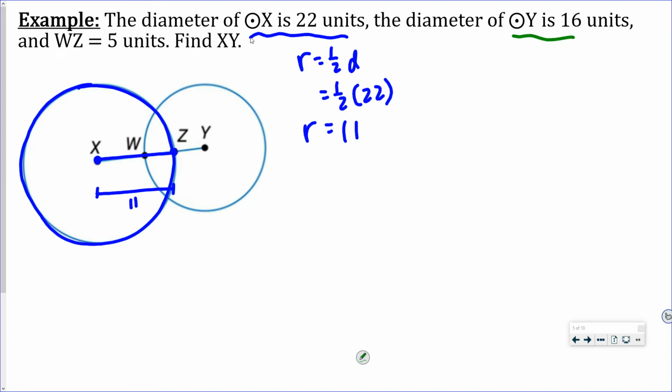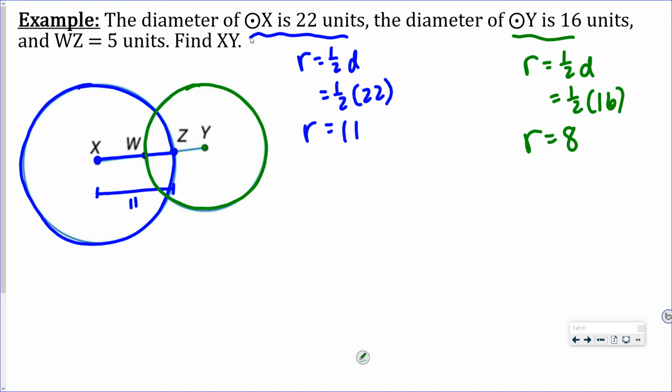Okay, circle Y. The diameter is 16 units, meaning the radius would be how long, folks? 8. Yep, half of that. So this length right here would be 8.